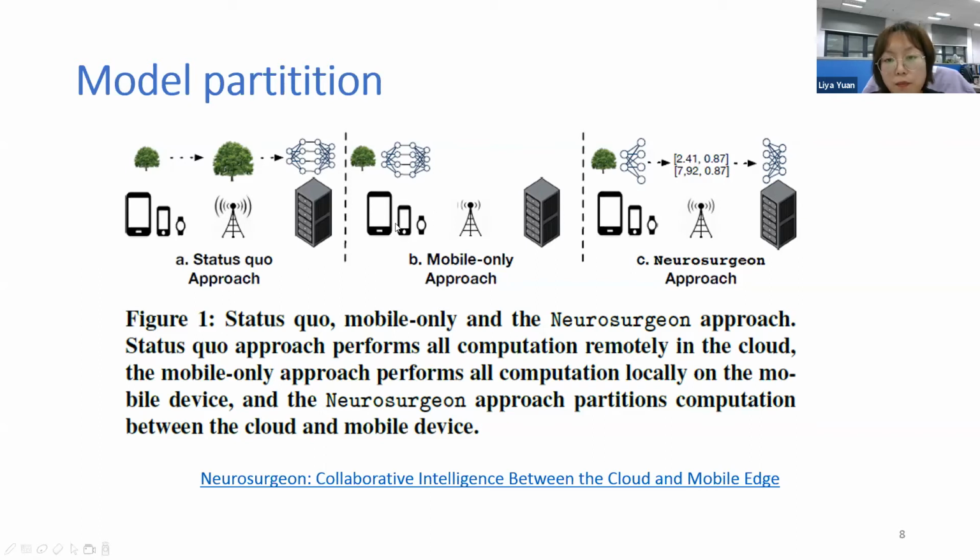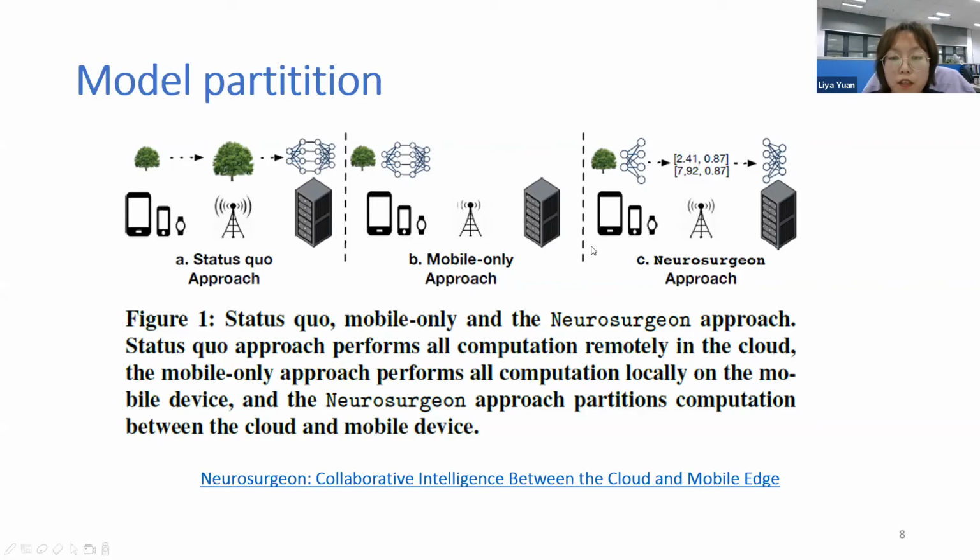And this paper proposes that the models can be divided into two parts. One part can be deployed on the cloud, and one part can be deployed on the mobile phone, so that it will greatly reduce the end-to-end latency of the inference, and also improve the throughput of the data center.